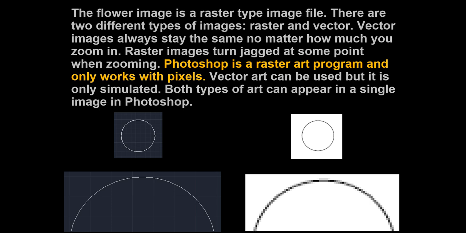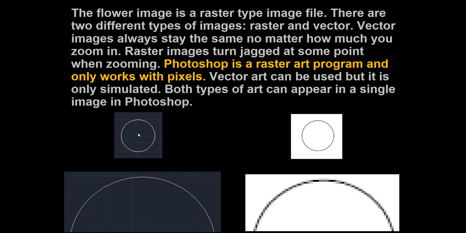So the flower image is raster, but some of the programs that we use could be vector-based. And you can tell the difference between them because here are two different circles. This one was done in AutoCAD. This is an image file, and we open it up in Photoshop so we see the pixels of it.